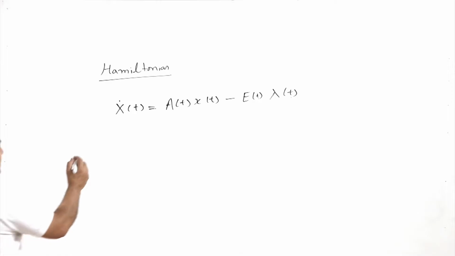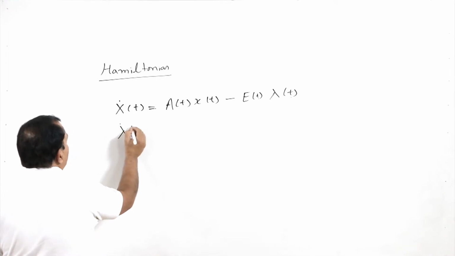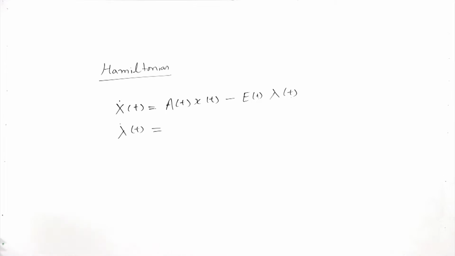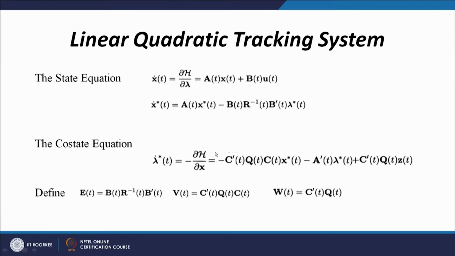And the co-state equation lambda dot t I am writing as minus C prime q c, and C prime q c we are writing as V t. So, I am writing this as minus V t x t.